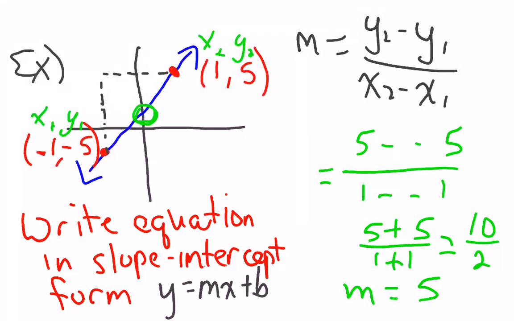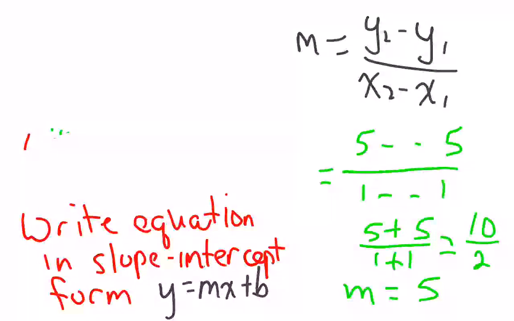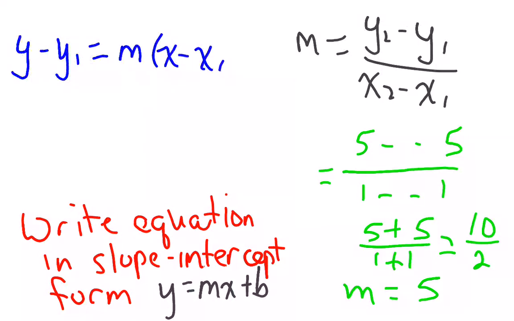All right, so we are going to look at that algebraically now that I have some room. So we can use that point slope form that you will find. Y minus y1 equals m times x minus x1.